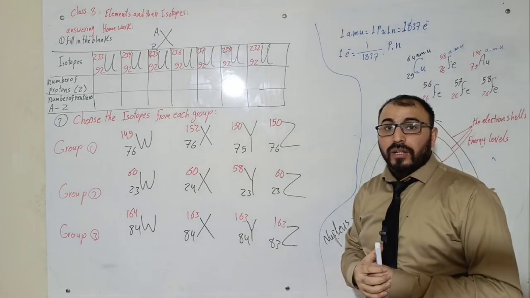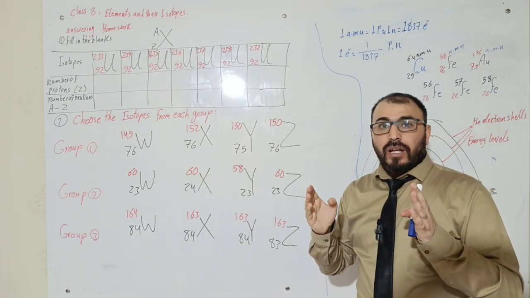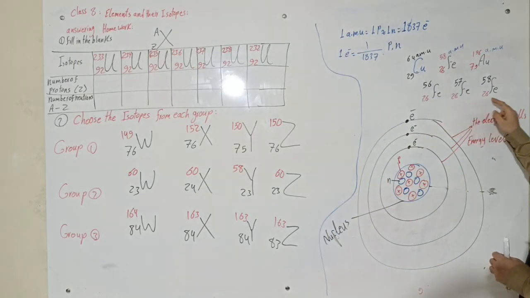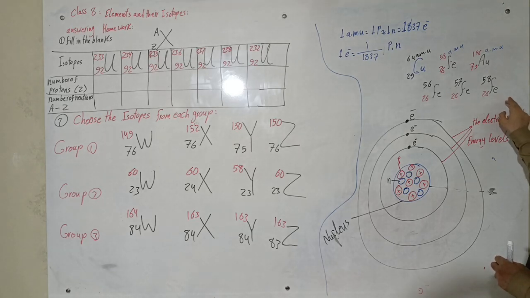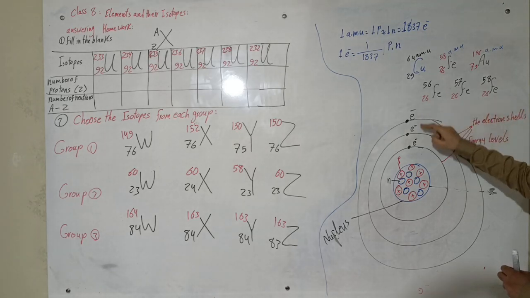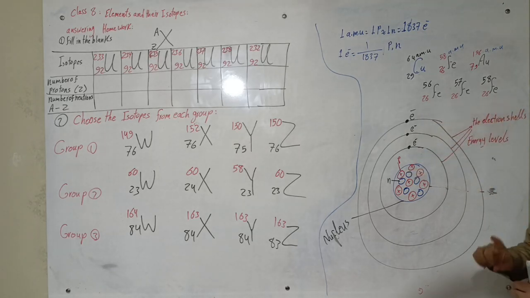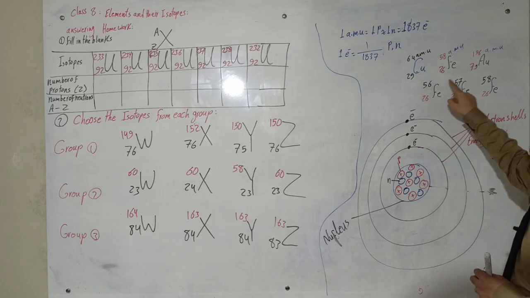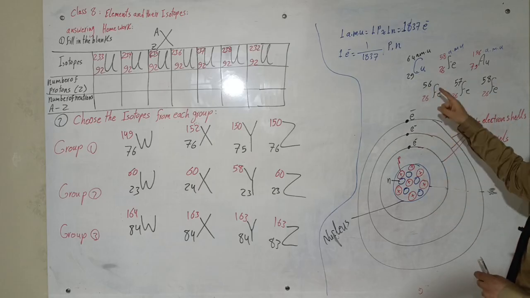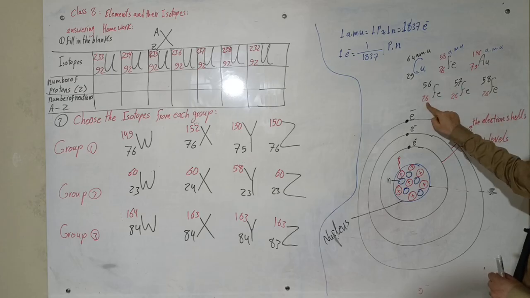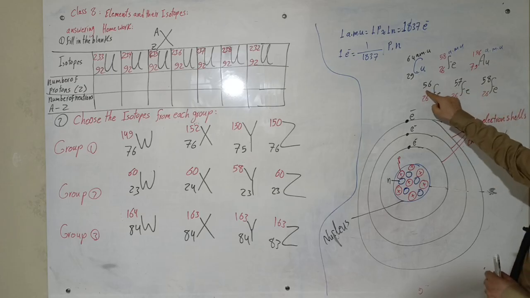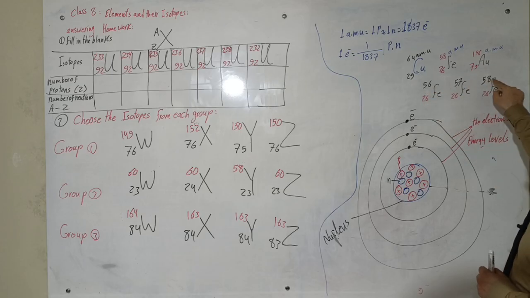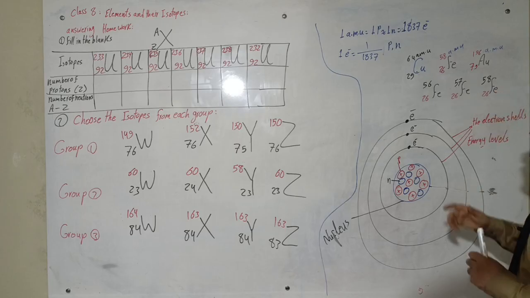Then, my friend, we said that although the atoms of the same element share the same number of protons, which is the atomic number, it's not necessarily that they have the same number of neutrons, and we called the atoms of the same element that share the same number of protons and have different numbers of neutrons in their nuclei isotopes.